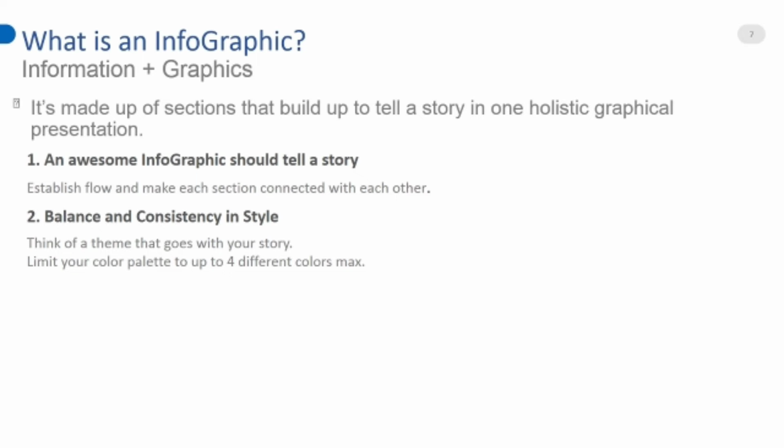The reason being is because you don't want to get too scattered. You don't want to pull people in too many directions, otherwise they will become distracted. So you want to be simple, consistent, but yet it appeals to them, and the information appeals to them, and the infographics and the graphics also appeal to them.